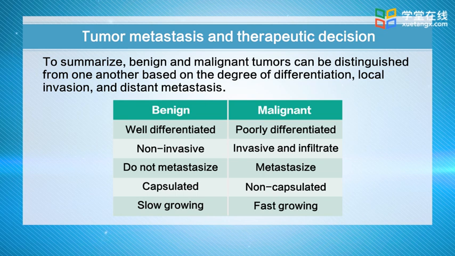Benign tumors are well circumscribed and have a capsule. Malignant tumors are poorly defined and invade the surrounding normal tissue. Benign tumors remain localized to the site of origin, whereas malignant tumors are locally invasive and metastasize to distant sites.